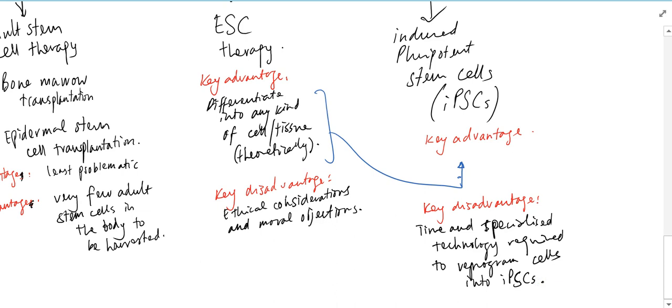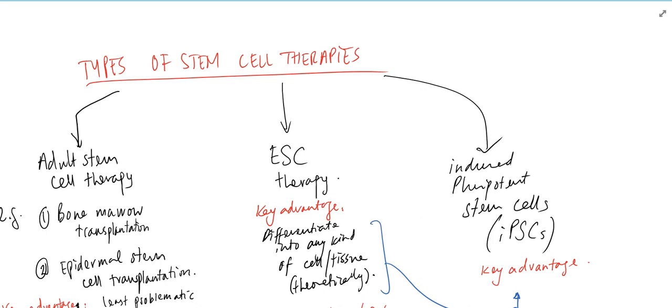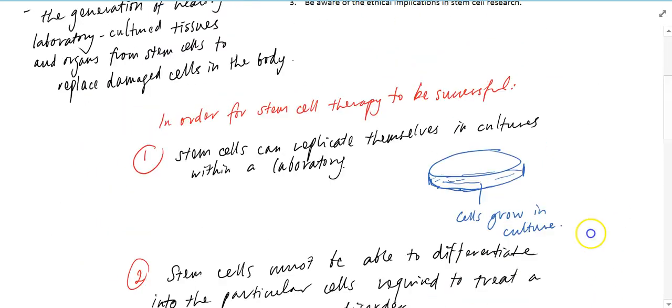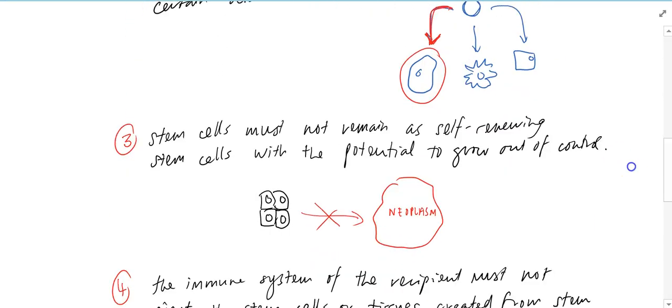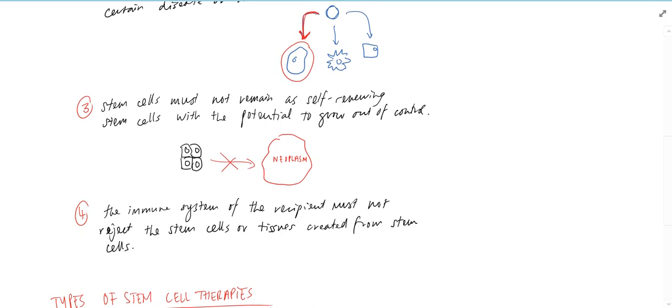Okay, so here are the three kinds of stem cell therapies: adult stem cell therapy, embryonic stem cell therapy, and induced pluripotent stem cell therapy. And each of them has its own answer to the various challenges.